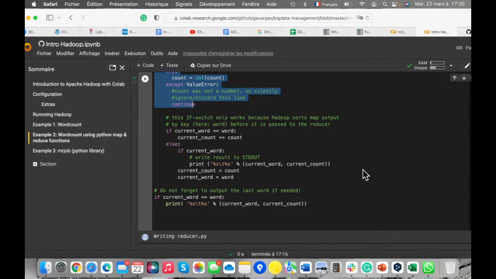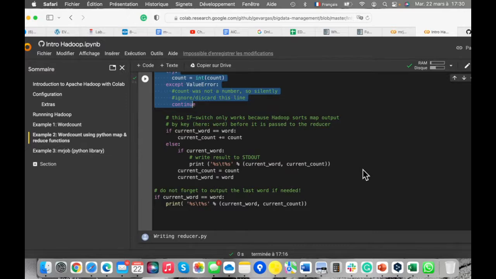I think that what it does, it starts, like it checks if the last word. I'm not completely sure about this part, but I think what it does is that it takes each word and then starts adding all of its occurrences. So that's why you have a current word, which is the word just used, and it also has a current count, which is the count of that word.